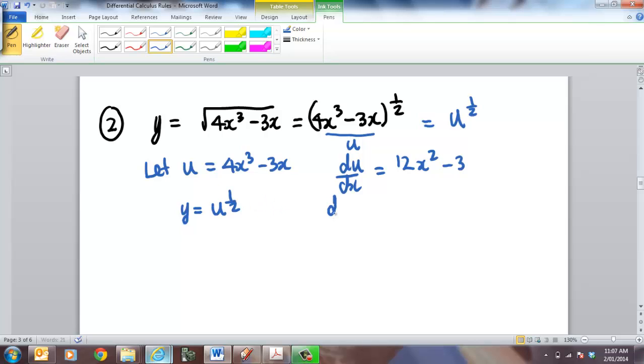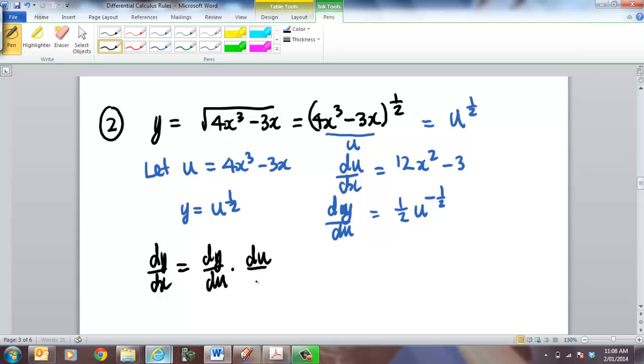If I have my y equal to u to the power of a half, then dy/du, because we're differentiating it with respect to u, is going to be equal to a half u to the minus a half. Therefore, using the chain rule, dy/dx is equal to dy/du times du/dx.